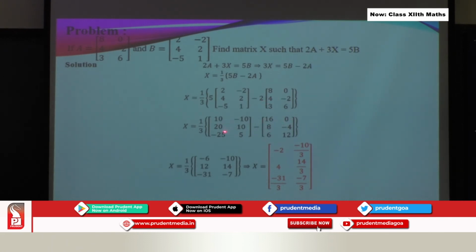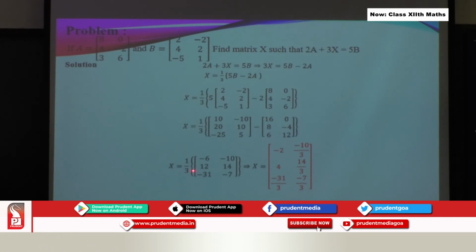Now I have one matrix minus another matrix, both of the same order, so I can subtract the matrices. When I subtract corresponding entries, I get 10 minus 16, which is minus 6, and minus 10 minus 0, which is minus 10, and similarly I get the remaining entries. Now the constant which is outside needs to be multiplied inside.